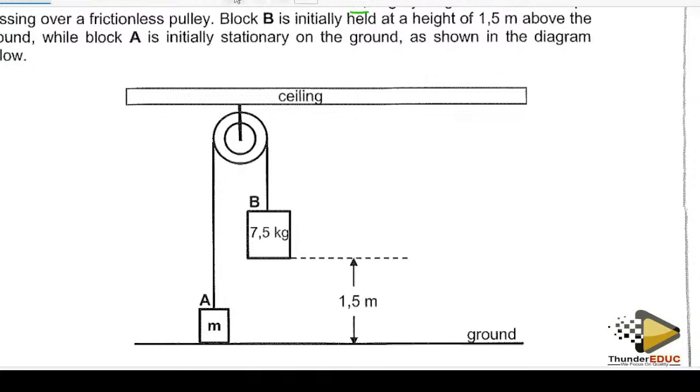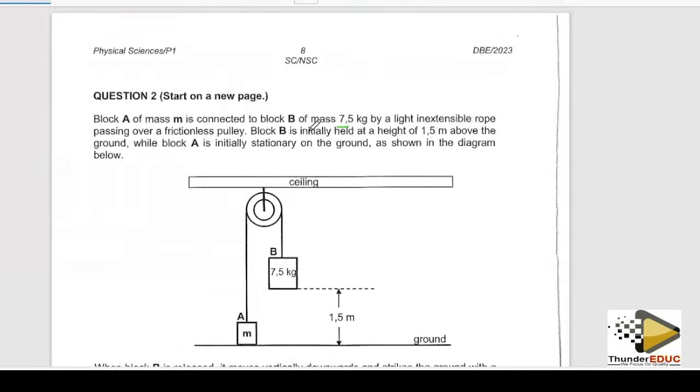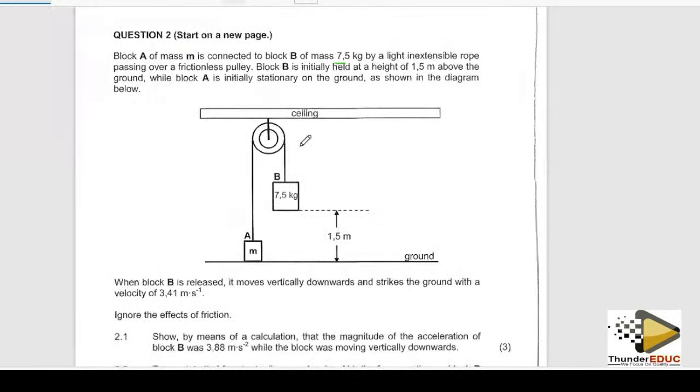All right, let me just try to decrease this so that we can see the entire question. All right, I think that's much better. This is our height. So while block B is released, remember, initially it's been held at this point without moving.